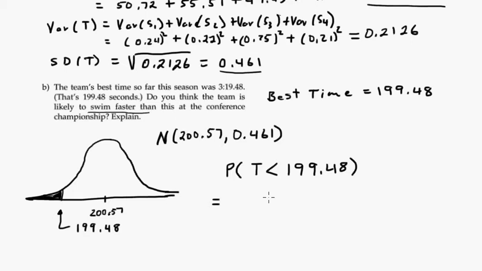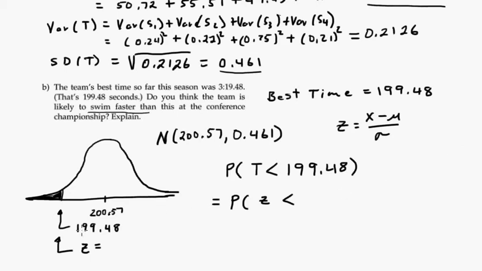We have to do our z calculation now, because we want to find the z value on the standard normal model. Remember that z is equal to the observed value minus the expected value, divided by the standard deviation.